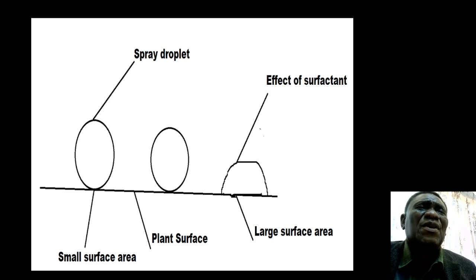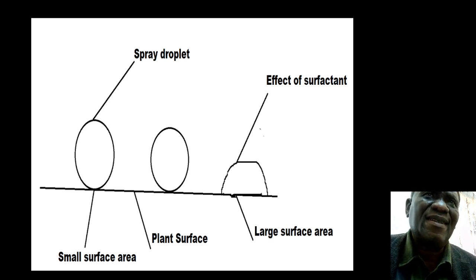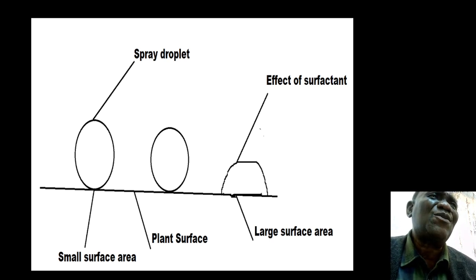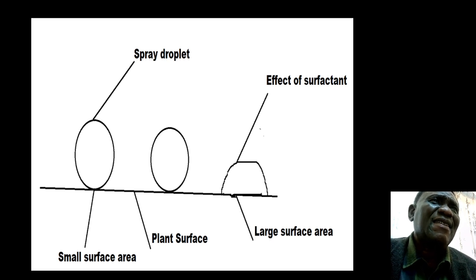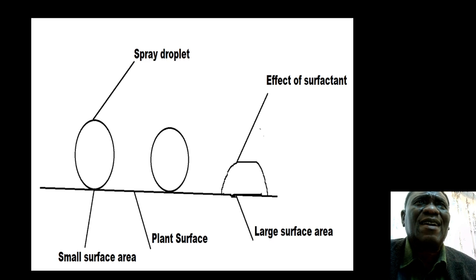Now, when we apply the herbicide, the droplets will fall on the surface of the plant. Sometimes because the droplet is spherical, like a ball, it can easily roll off.